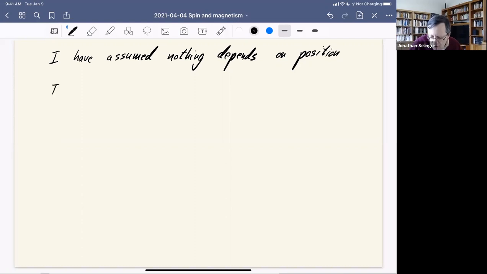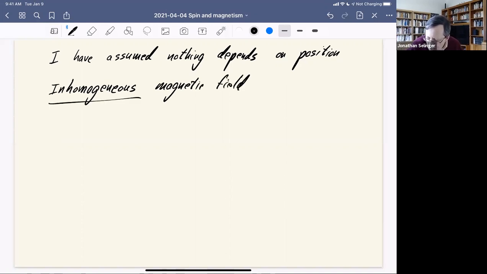That could happen too. So then there would be what people call an inhomogeneous magnetic field. Inhomogeneous means depends on position. That situation gets the name of the Stern-Gerlach experiment.